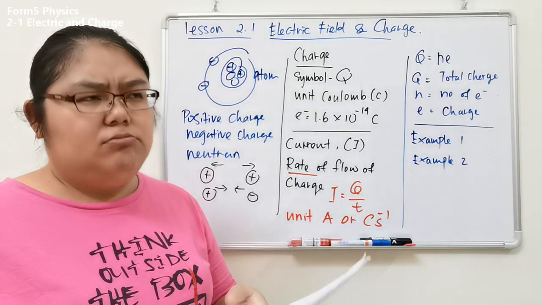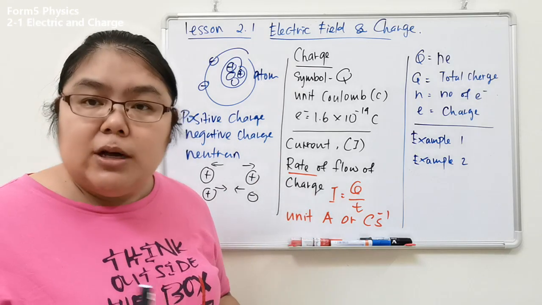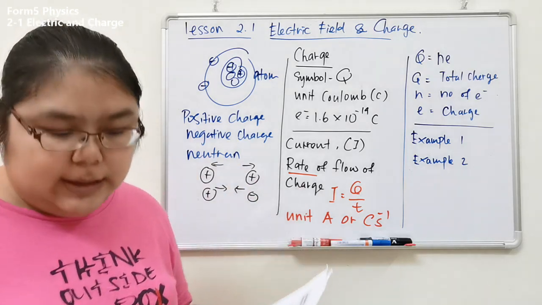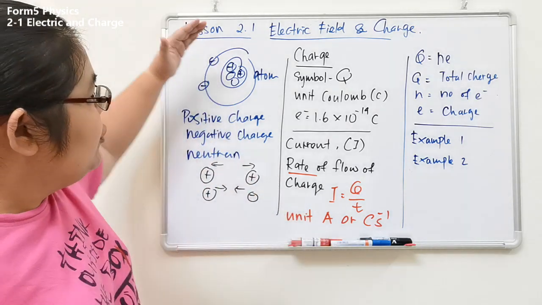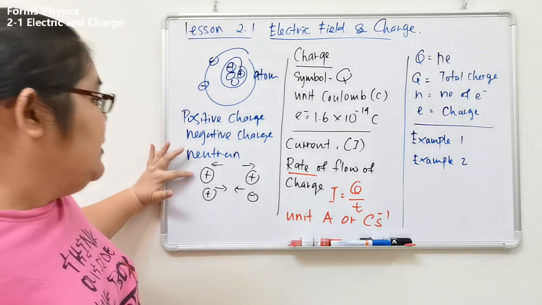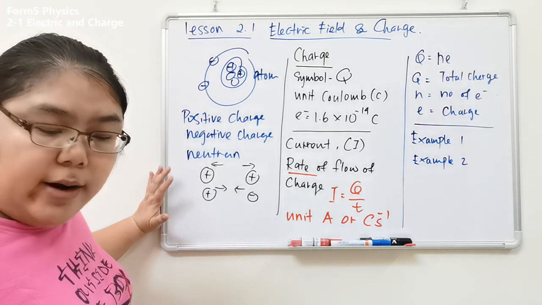For the atom, if the negative charge becomes less, there are more proton charges, so we call it a positive charge of the atom. Like charges repel, unlike charges attract.